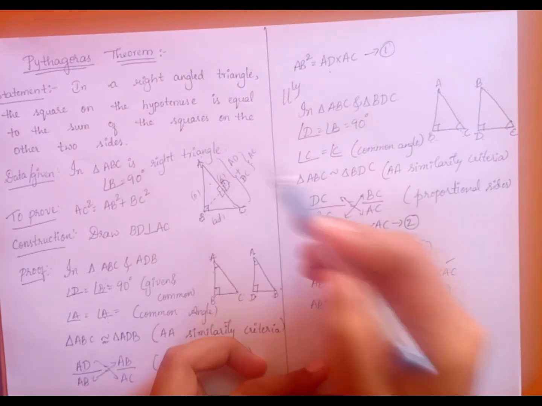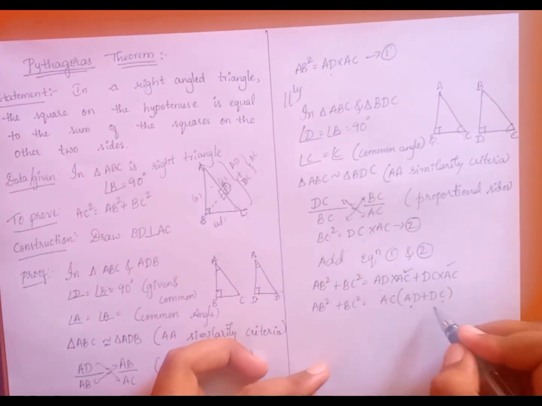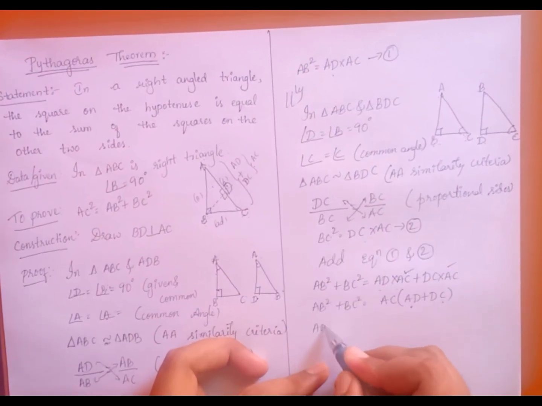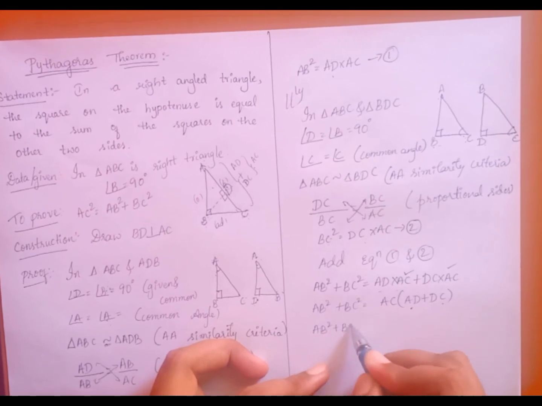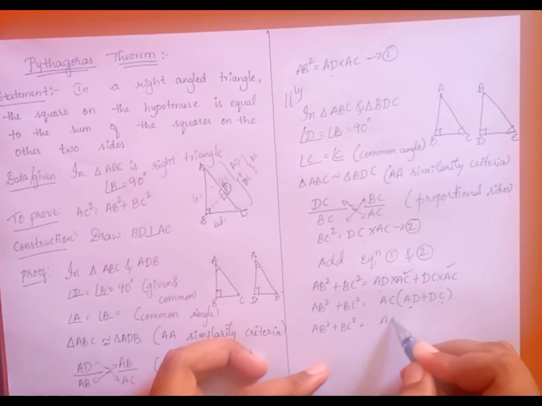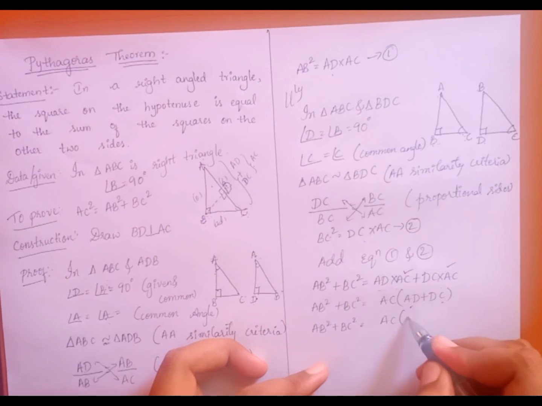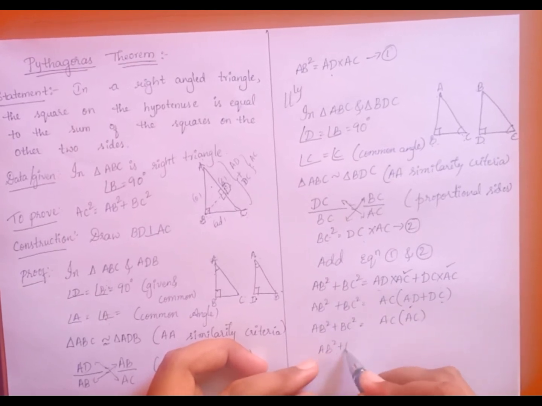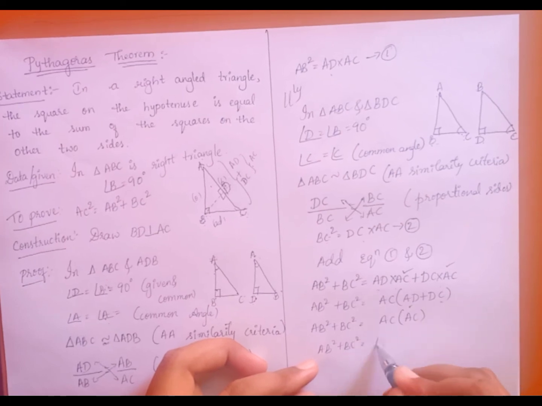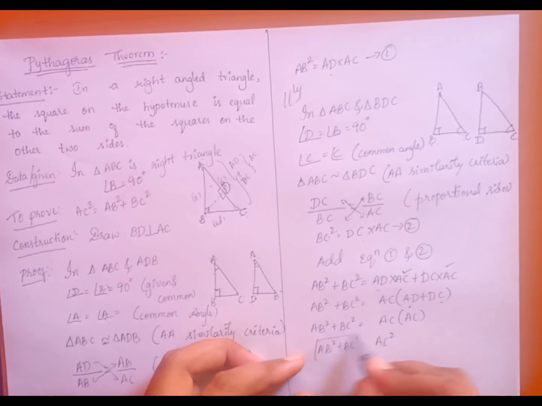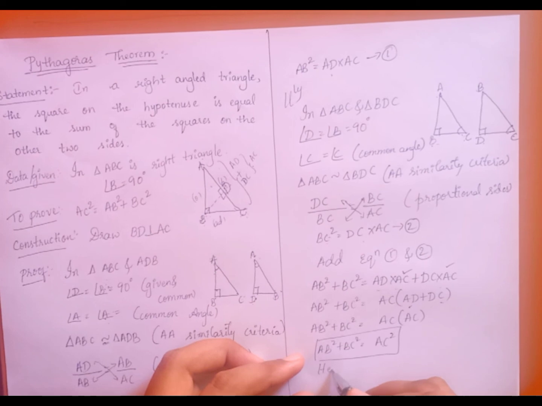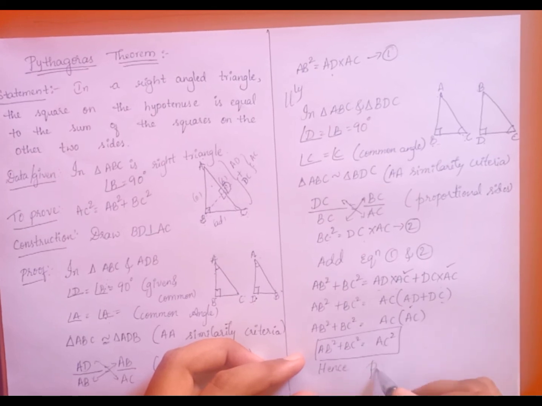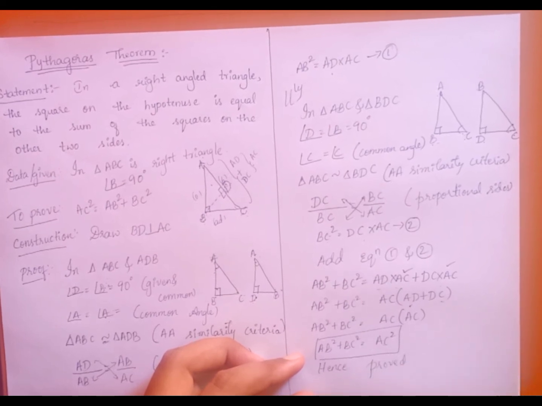So we can write that as AC also, and I'll substitute that here. So AB square plus BC square is equal to AC into AC. Therefore AB square plus BC square is equal to AC square. Hence proved. What they asked, we have found here.